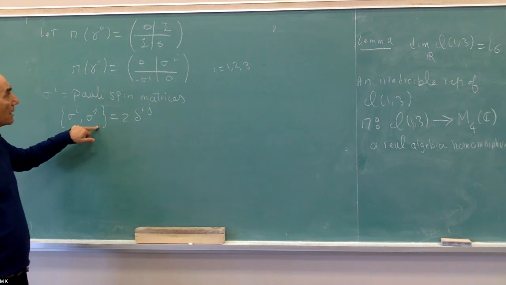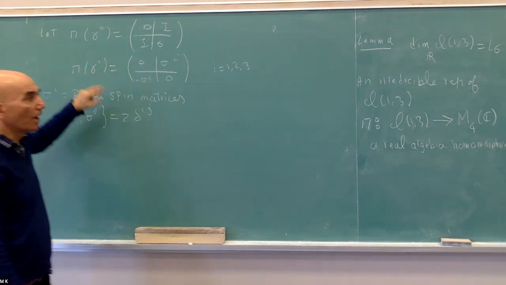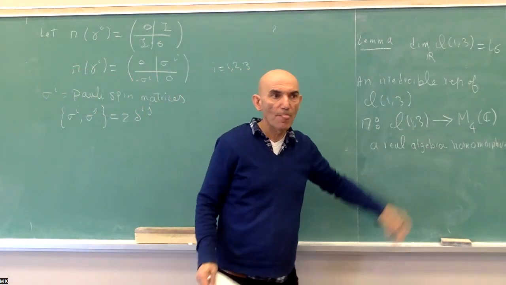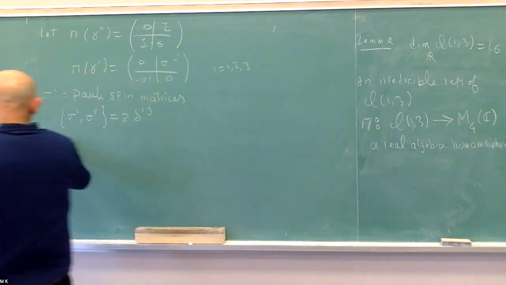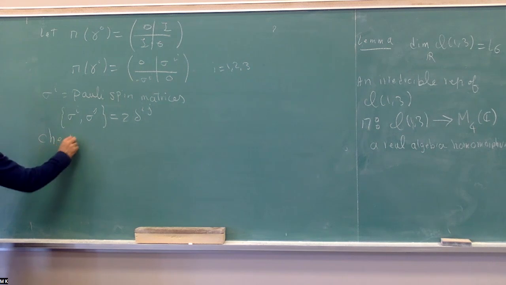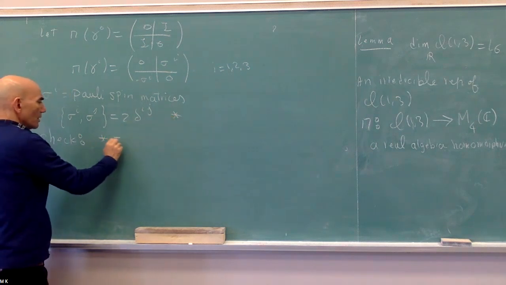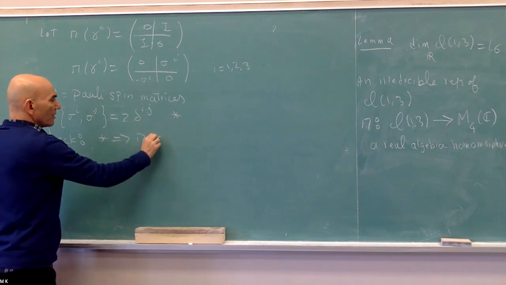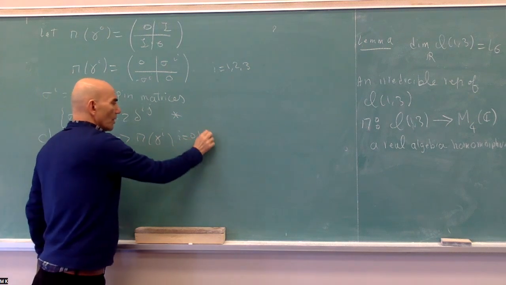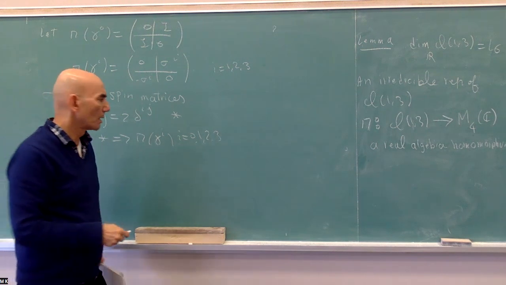And using this, you can show that these satisfy the Clifford algebra relations. Okay, so check. This is something that we can check indeed. So this is a star. Star implies that pi of gamma i for i equal to 0, 1, 2, 3 satisfy Clifford algebra.